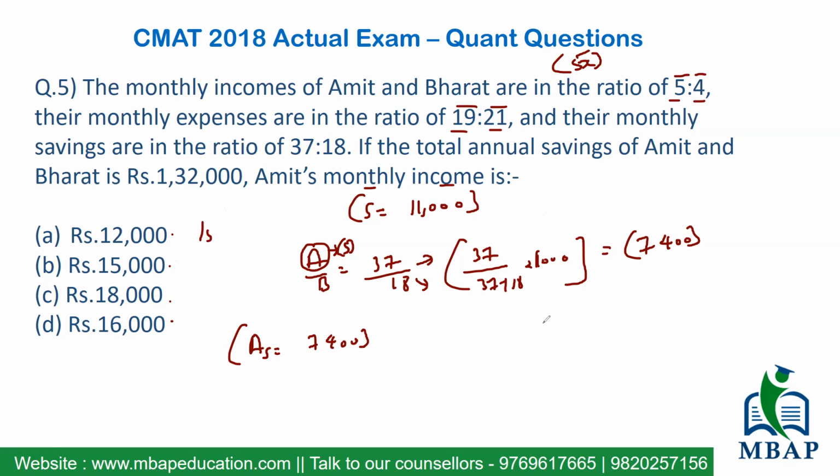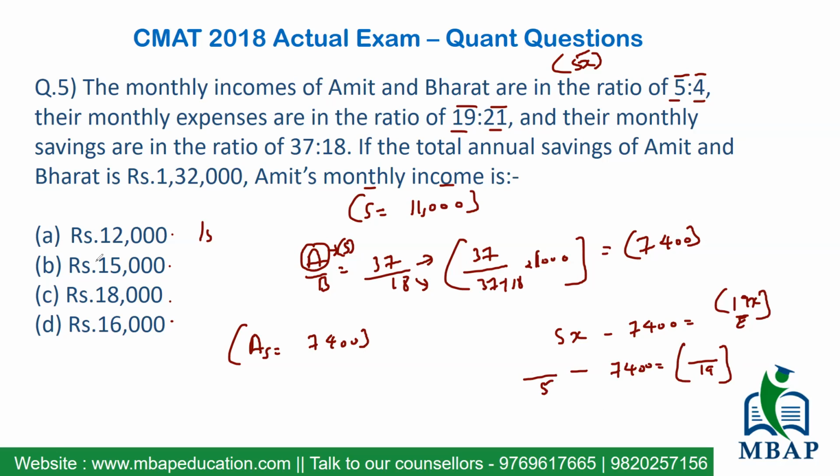But if I go a step beyond, I need income to be a value of 5x. And if I subtract the savings, which is about 7400, I should get the expense, and the expense of Amit is basically 19x. So I repeat, I am looking at a value which is divisible by 5, and if I subtract 7400, the leftover value should ideally be divisible by 19. That's the overall sum that I'm looking at.